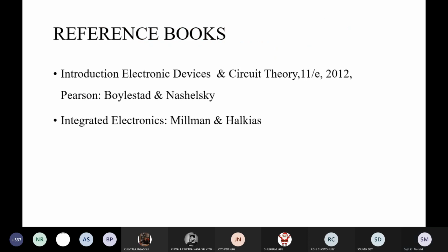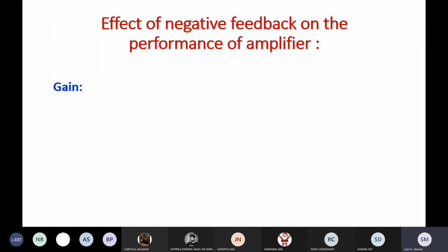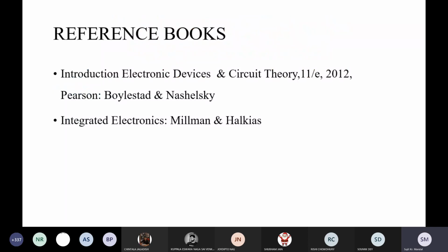Take care. So then we are moving to the next topic. These are the reference books which you can follow. Also, it is given in detail on the website, the detailed syllabus as well as the reference books.